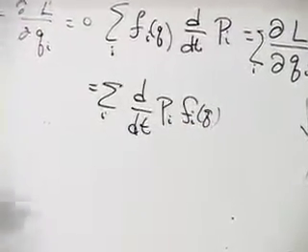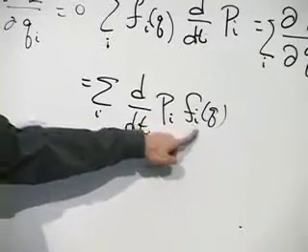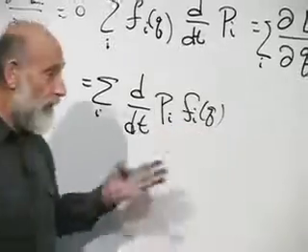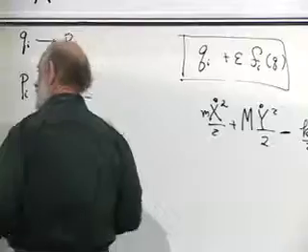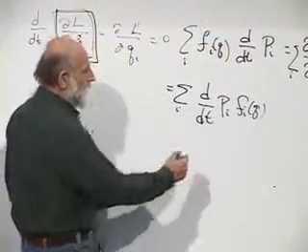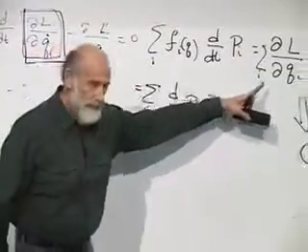In other words, you take the ith canonical momenta and multiply it by the amount that you shift the ith q. That's equal to 0. That's what this says.